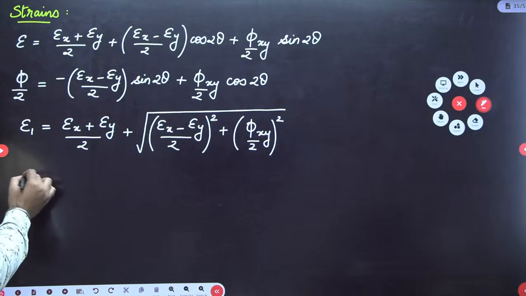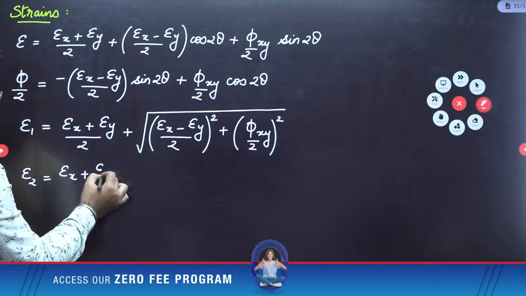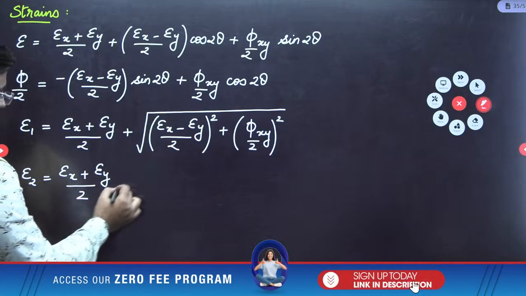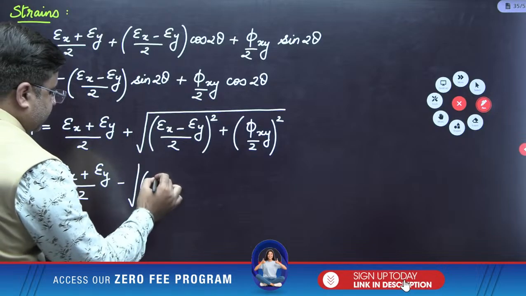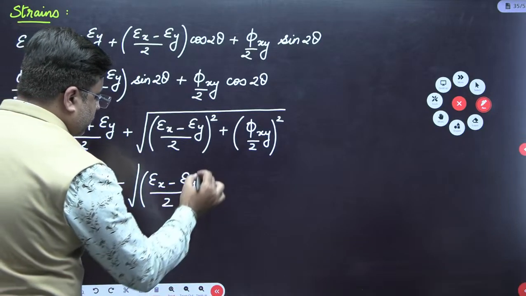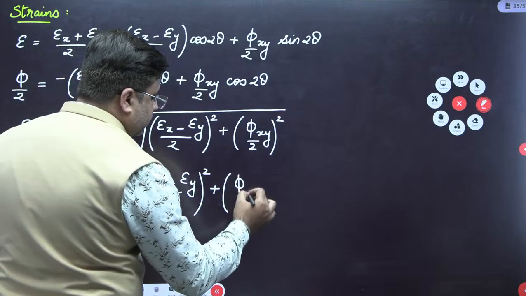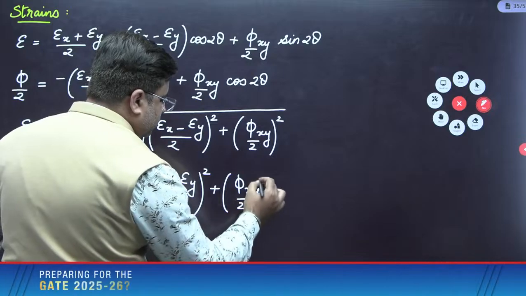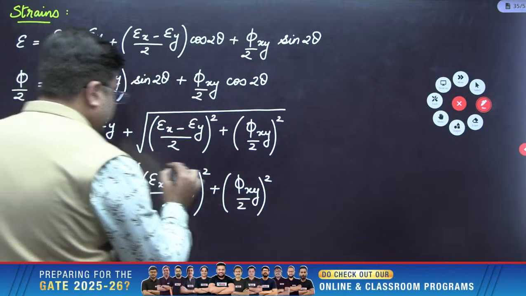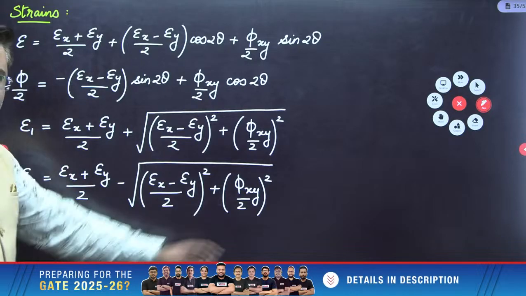Similarly, you can write down epsilon 2 is equal to epsilon x plus epsilon y by 2 minus under root of epsilon x minus epsilon y by 2 the whole square plus phi xy by 2 the whole square, right? So this is the value of major and minor normal strains.